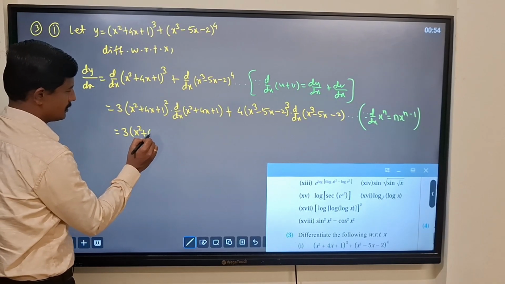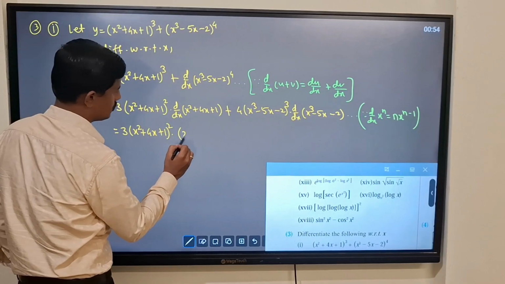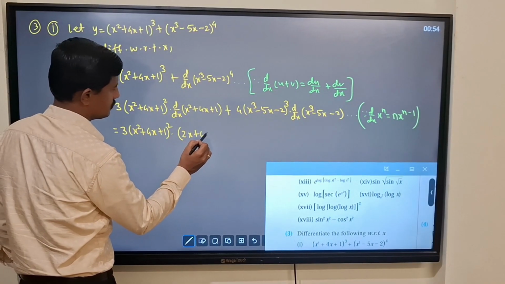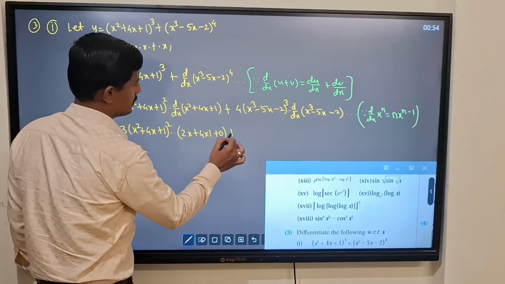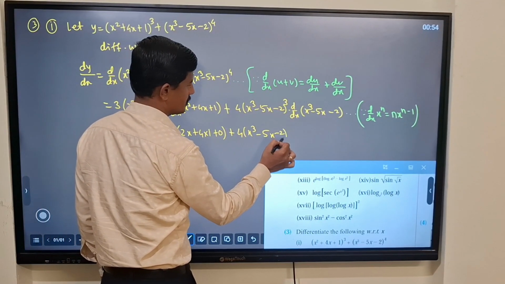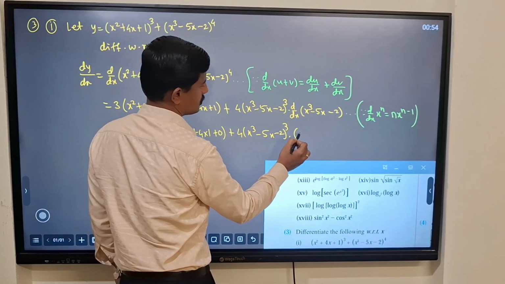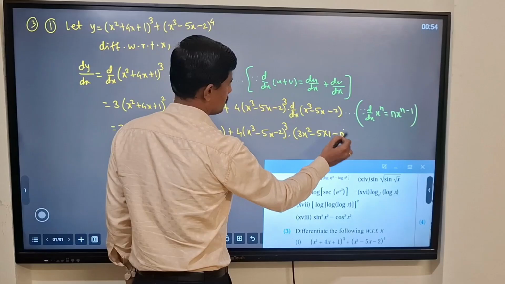Now 3(x² + 4x + 1)² into this will become (2x + 4) into 1 plus 0, plus 4(x³ − 5x − 2)³. Differentiation of x³ is 3x², minus 5 into 1 minus 0.